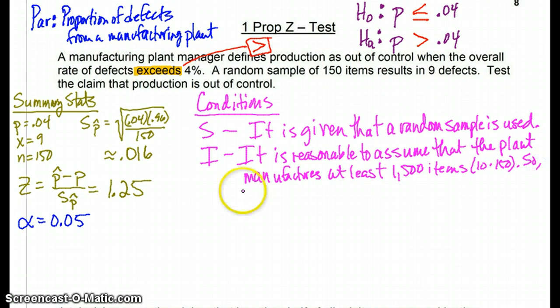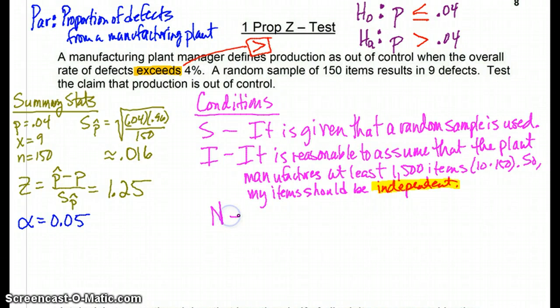So, my items should be independent. Notice, you say that there's independence. You don't just assume that I know what you're talking about.